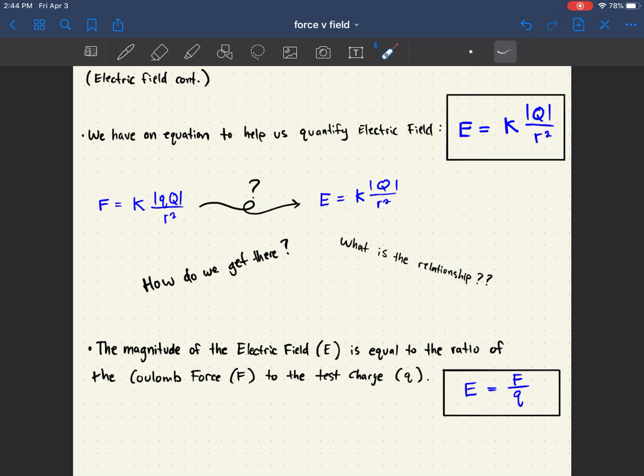You can use one to find the other. The magnitude of the electric field is equal to the ratio of the Coulomb force and the test charge. So you need the force to be able to understand the field, as illustrated in this equation: the electric field is equal to the force over the charge. That's the ratio.